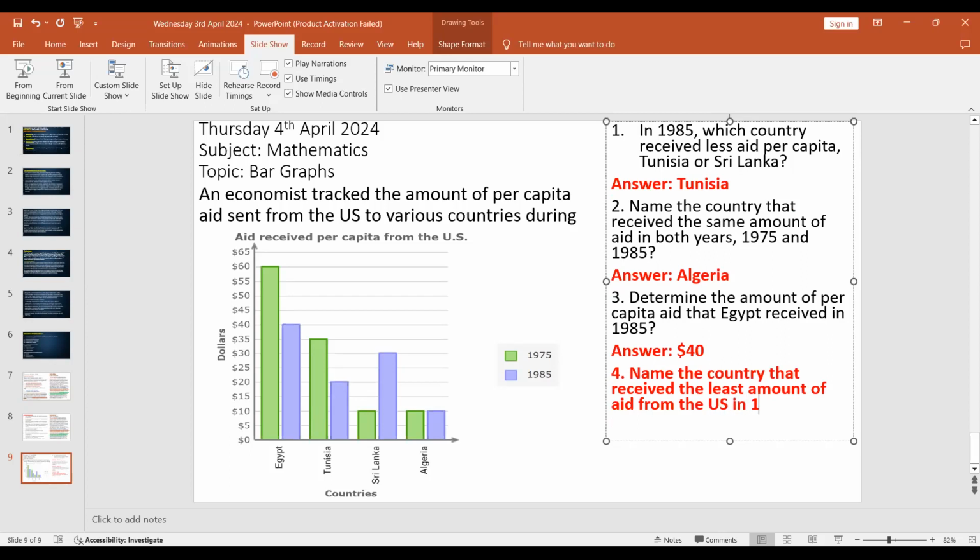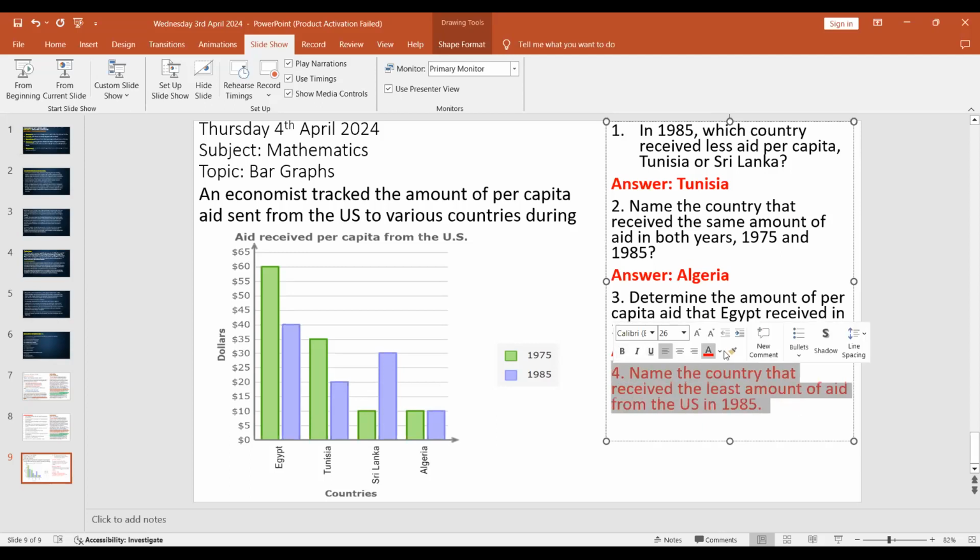In 1985. Name the country that received the least amount of aid in 1985. So which country had the least amount of money sent to them in 1985?